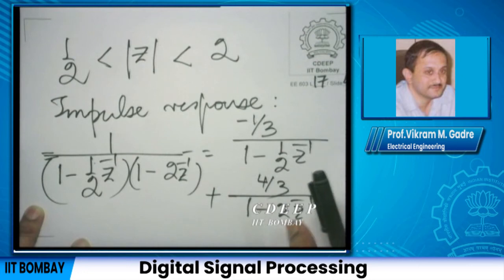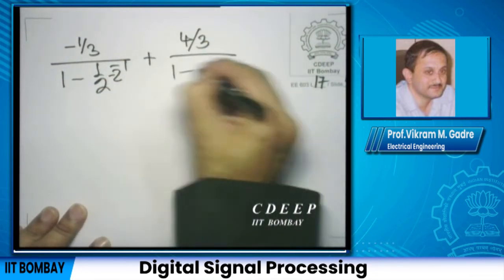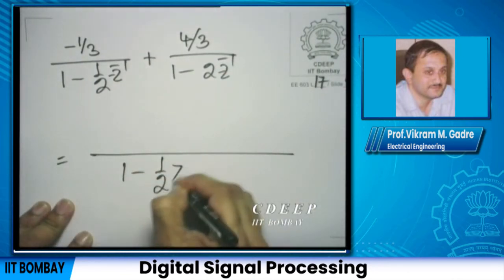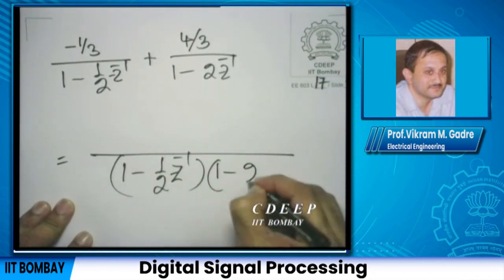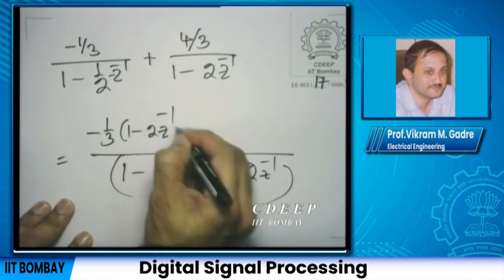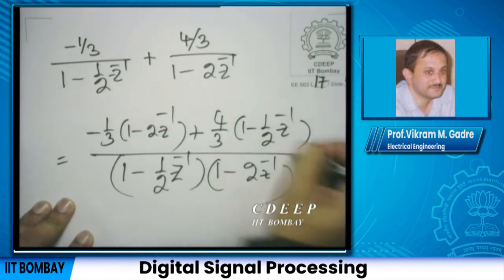In fact, just for convincing ourselves, let us verify that this is indeed the decomposition. You do not need to do this every time, but I am just doing it a couple of times to convince you that we are doing the right thing. So, minus 1 by 3 divided by 1 minus half z inverse plus 4 by 3 divided by 1 minus 2 z inverse can be put together. 1 minus half z inverse times 1 minus 2 z inverse in the denominator, and in the numerator minus 1 by 3 times 1 minus 2 z inverse plus 4 by 3 times 1 minus half z inverse.